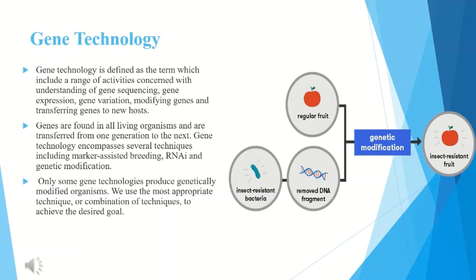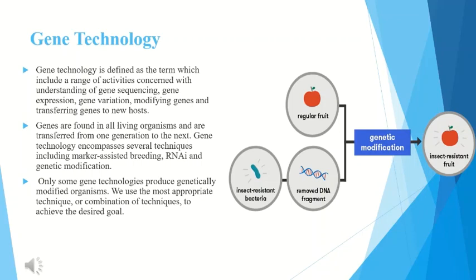Gene technology is defined as the term which includes a range of activities concerned with understanding of gene sequencing, gene expression, gene variation, modifying genes, and transferring genes to new hosts. Genes are found in all living organisms and are transferred from one generation to the next.